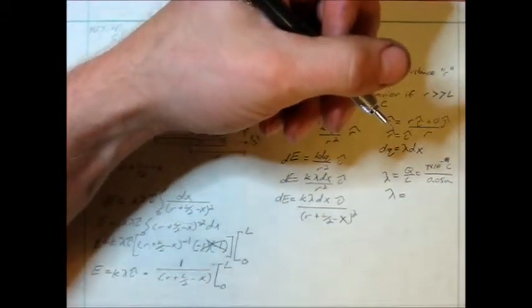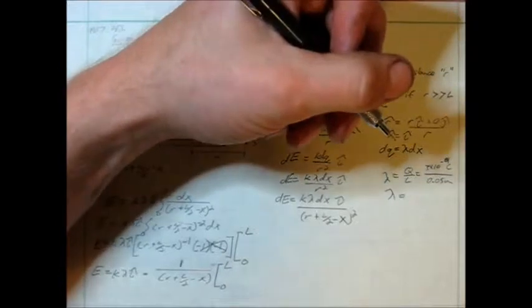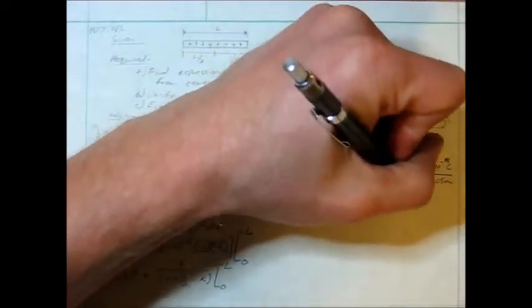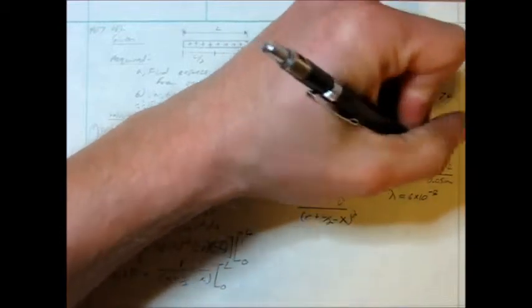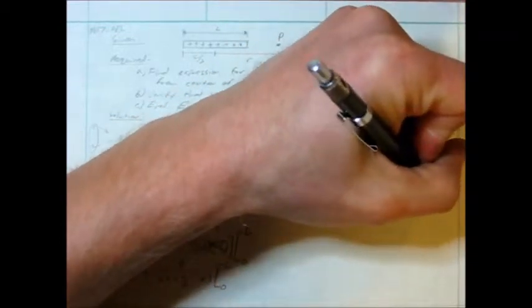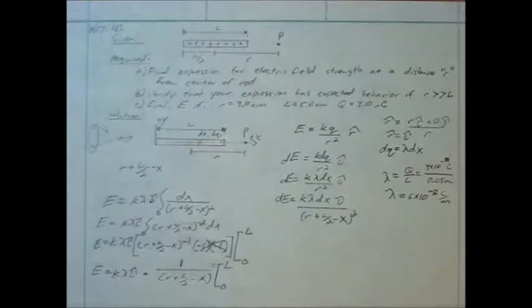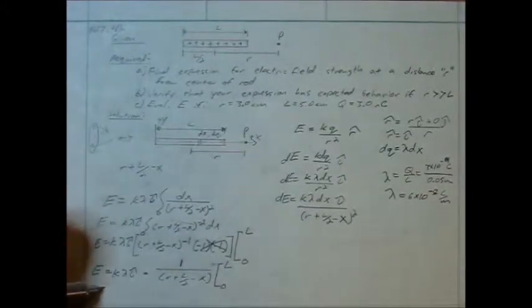Lambda ends up being 6 times 10 to the negative 8th. Keep track of our units, that's coulombs per meter. Anyways, I'm going to call this our expression, so check, that's solved.